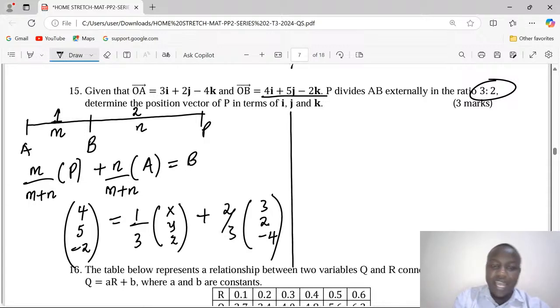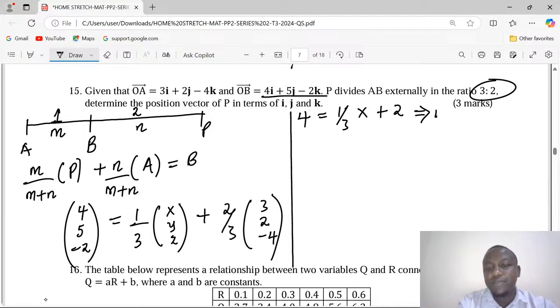Now from the x components, you can say 4 equals a third x plus 2/3 times 3. That gives us 2. So a third x equals 2, then the value of x shall be 6.